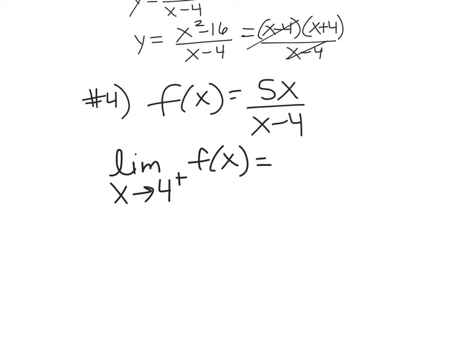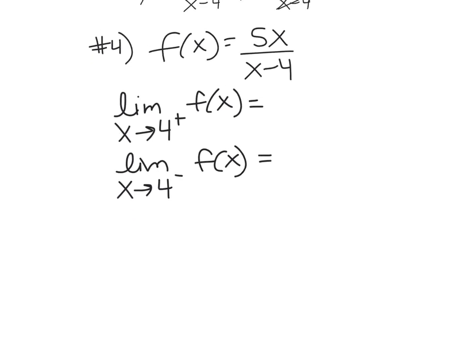We're going to take the limit as x goes to 4 from the left. And we'll find the limit as x goes to 4. Okay? And I'm not going to make you graph these by hand. We did that at the beginning of the school year. You really don't need to now.